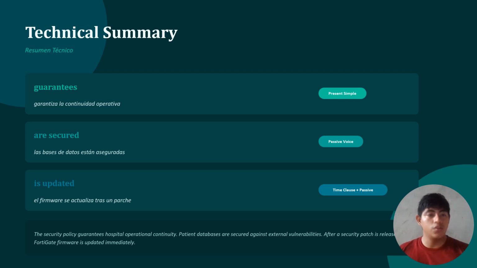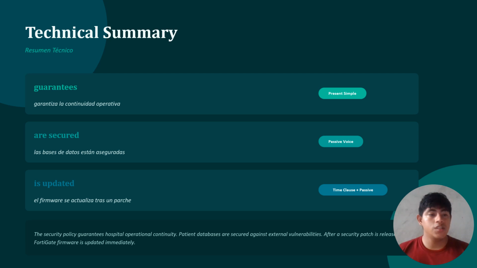To close, the security policy guarantees the hospital operational continuity, meaning that consultations in emergencies are not interrupted. Patient data are secured against external vulnerabilities. And as a final rule, after a security patch is released, the FortiGate firewall is updated immediately.